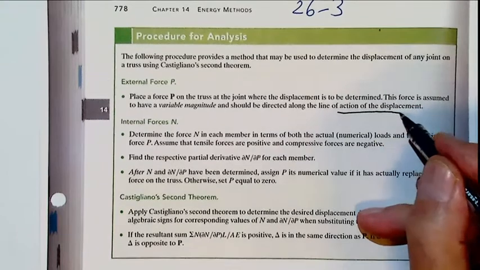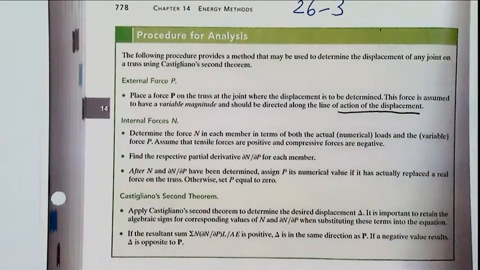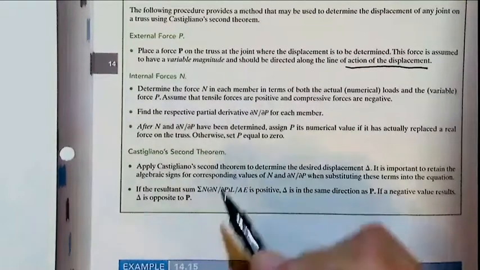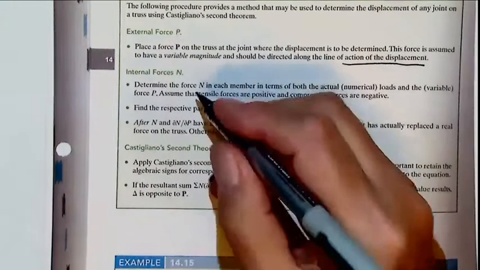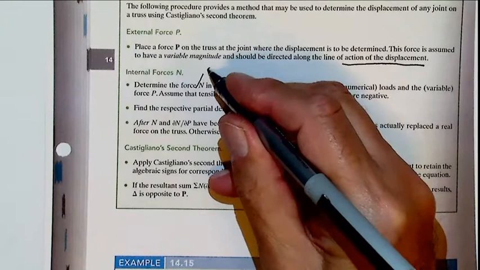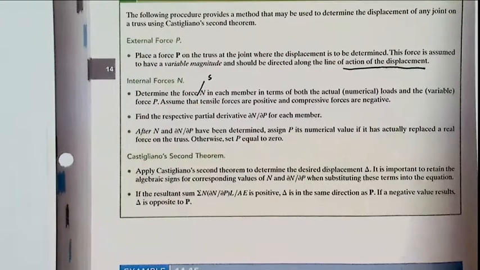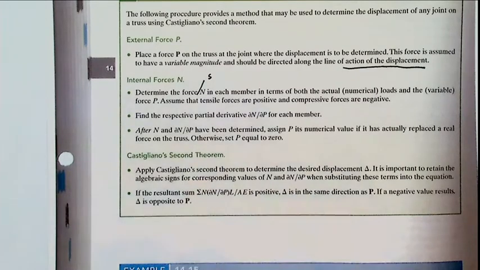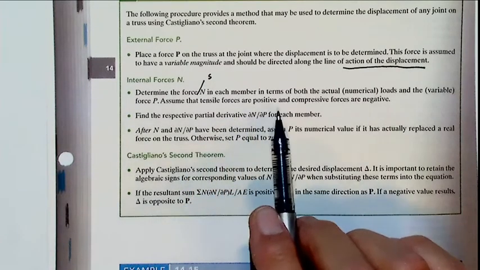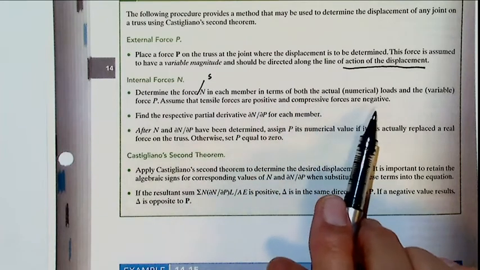It does not make sense to apply a load in another direction that you are not interested in. Determine the axial forces N in each member in terms of both actual numerical loads and the variable load P. Assume that tensile forces are positive and compressive forces are negative.